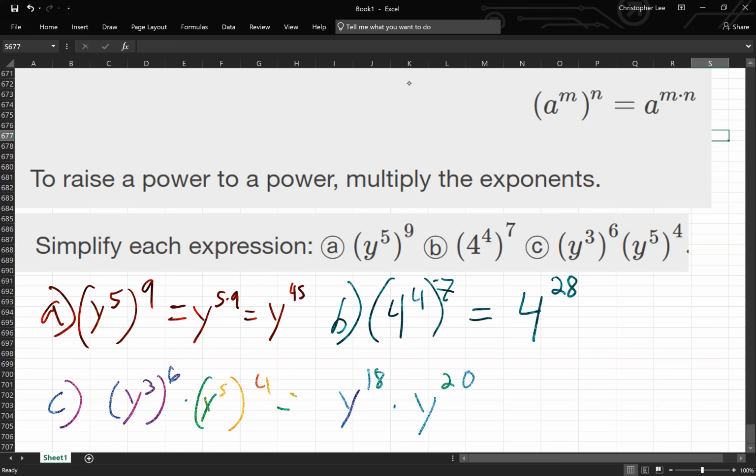And whenever we multiply exponents, we add them. So this becomes y to the 18 plus 20. That's y to the 38 power. Questions on this? No questions? All right.